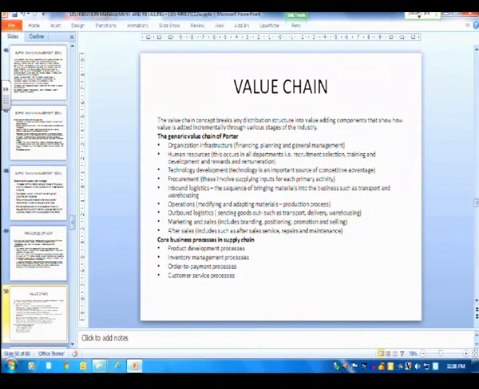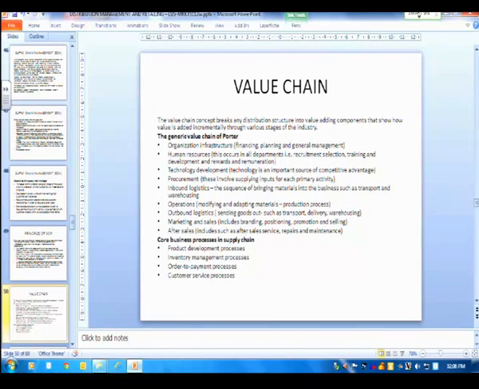Inbound logistics. This refers to the sequence of bringing materials into the business, such as transport and warehousing. Operations. This refers to modifying and adapting materials, production, and processes. Outward bound logistics.